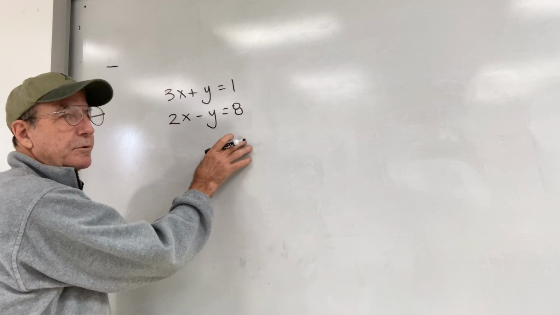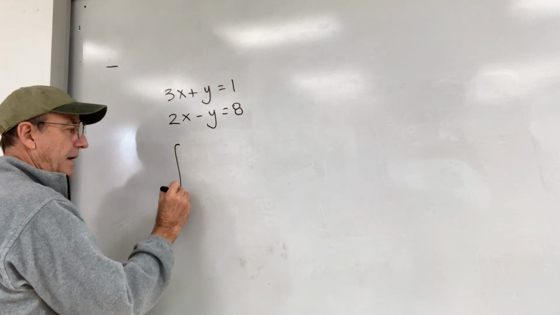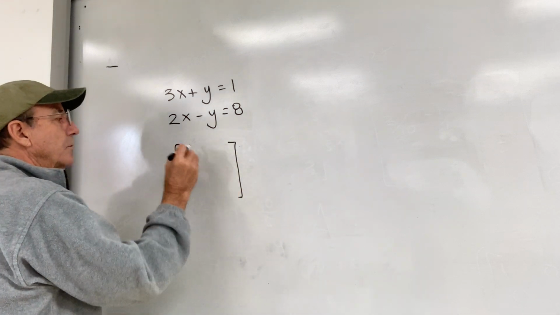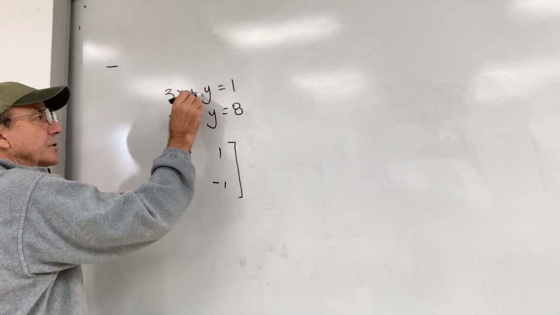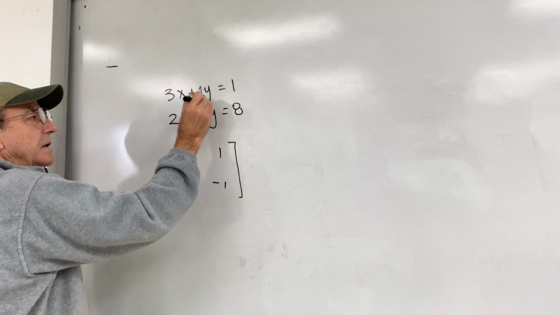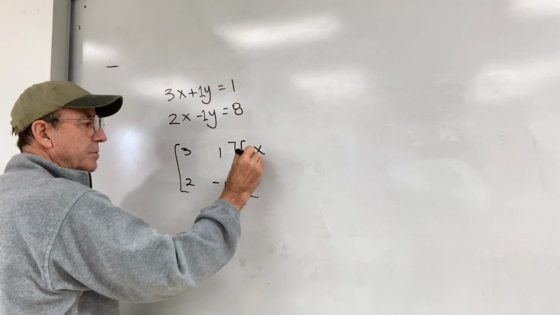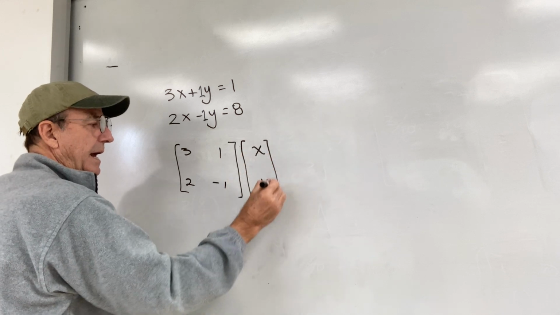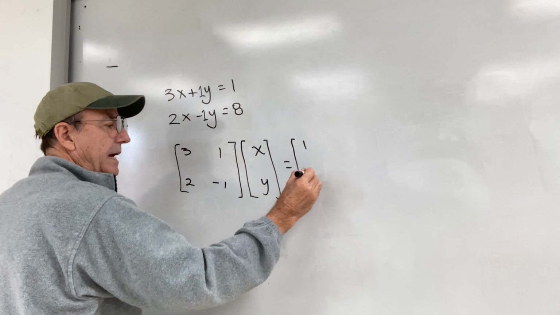The first thing we do is we turn this into a matrix equation. So I'm going to have a 2 by 2 here, which is 3, 1, 2, and minus 1. These are the coefficients of the x's and y's. This is going to be the variables, x, y, and this is going to be the right-hand side, which is 1, 8.